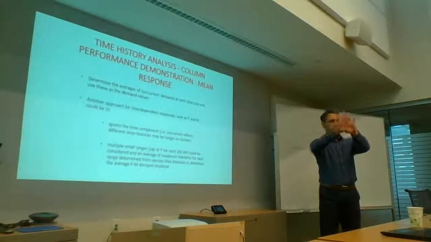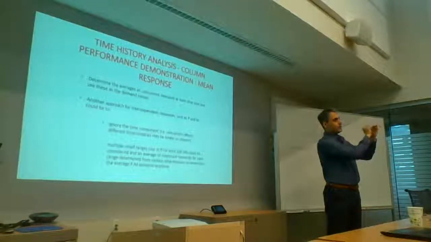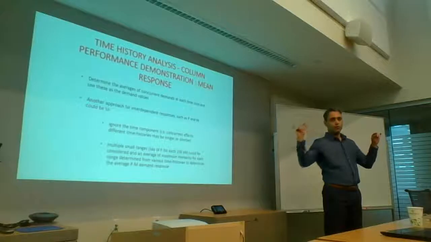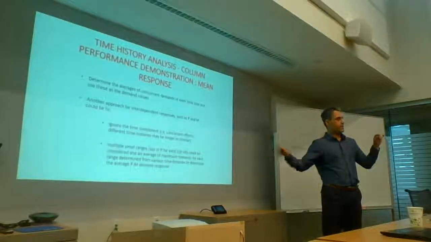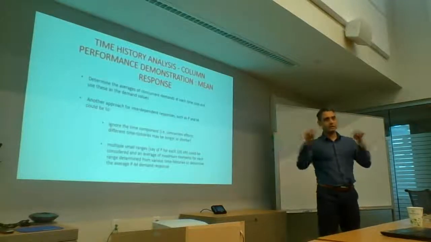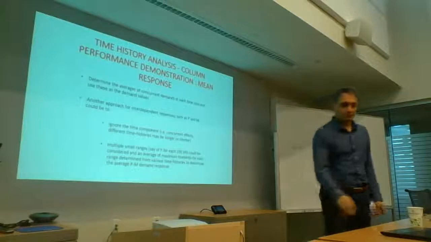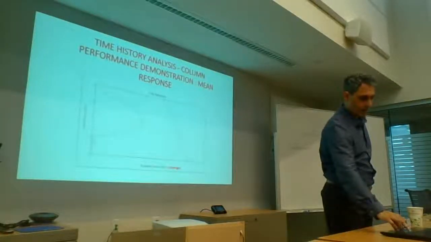So across the board, at 4,000 kilonewtons, I figure out when the P is 4,000 kilonewtons in each one of those records, what the moment is. And I take the average of those M's and come up with the average M. And that's what I plot. You can do that too, and you probably get something like this.